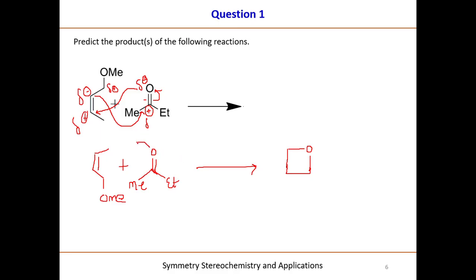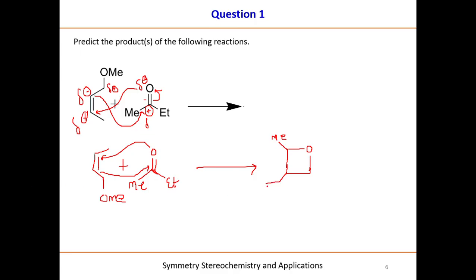The reaction is taking place this way, and this one, right? So here we have a methyl substituent present, and here we have one carbon, then methoxy. This carbon is there. Remember this one.